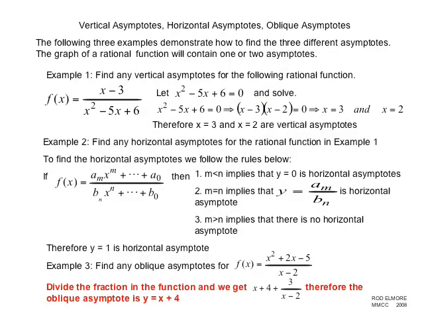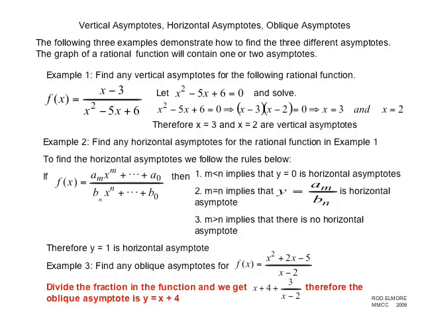So when we divide x squared plus 2x minus 5 by x minus 2, we get x plus 4 plus a remainder of 3, so we write that as 3 divided by x minus 2. Now we just take that x plus 4 that's out in front, ignore the remainder, and that gives us the oblique asymptote, and in this case it is y equals x plus 4.